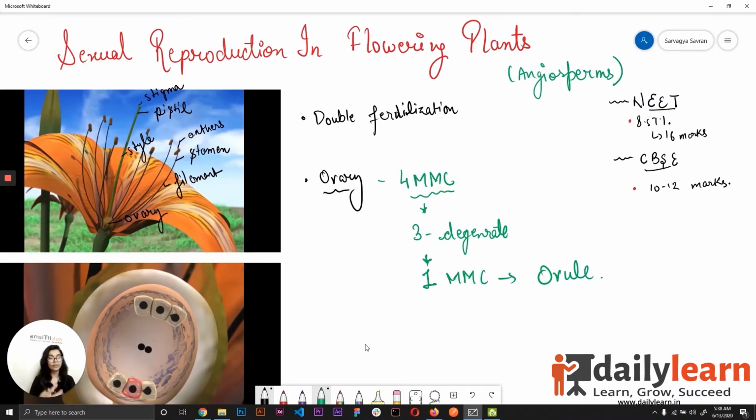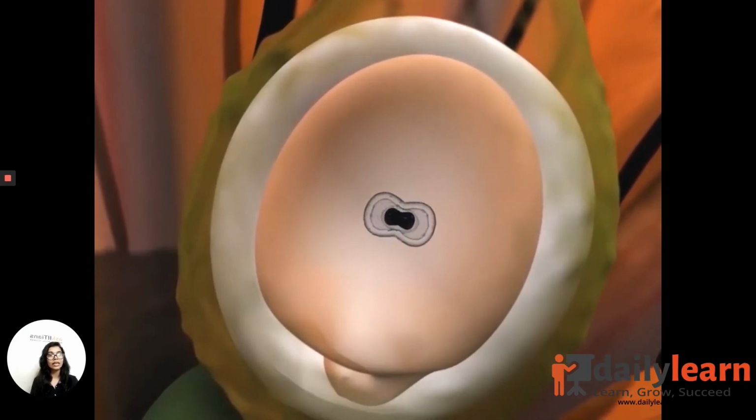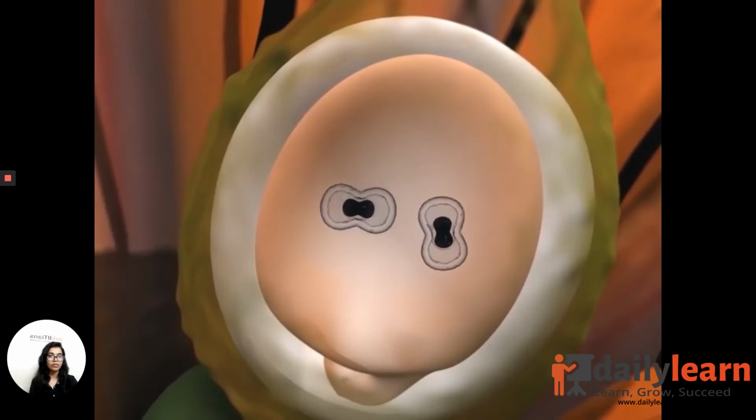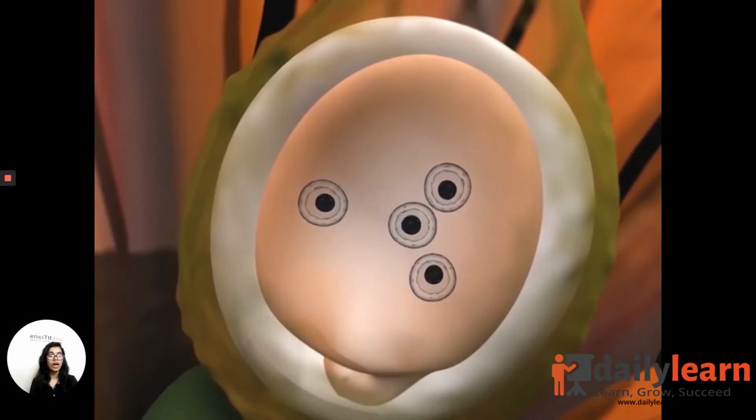Now, what happens in the ovule, how the division of the nuclei and all these cells happens, let's go through it. This is the 1 megaspore mother cell, and it will soon divide into the 4 megaspore mother cells, right? That you see here. Now, out of these 4 MMCs, 3 will degenerate and only 1 will remain.